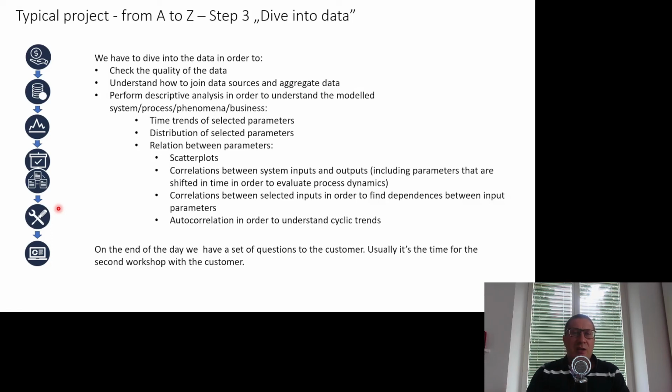We can calculate the correlations between system inputs and outputs, including the parameters that are shifted in time in order to evaluate the process dynamics. If we think that because of the process dynamics, the previous values of parameters are important, that are shifted in time, we should also consider them in the analysis.